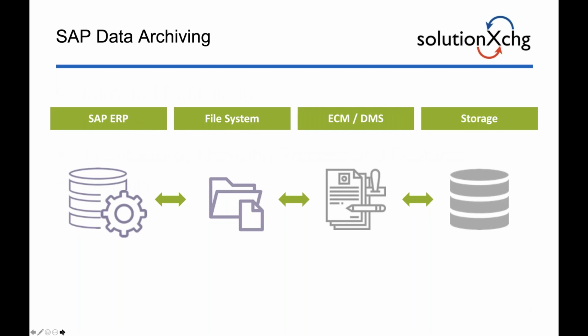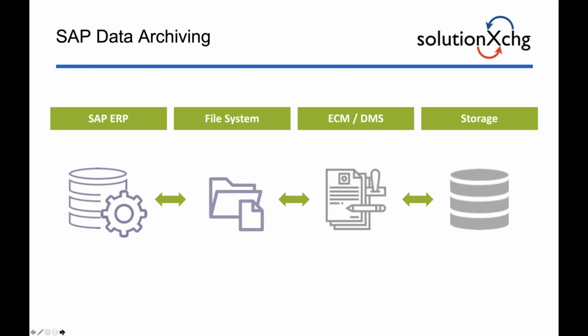So when we're talking about SAP data archiving, we're looking at actually taking data off of the SAP database, putting it into flat files, storing it on a file system, and then some customers actually stop at the file system level. Some customers are making another job run within the SAP SARA job queue and are moving those files to their enterprise content management or document management system.